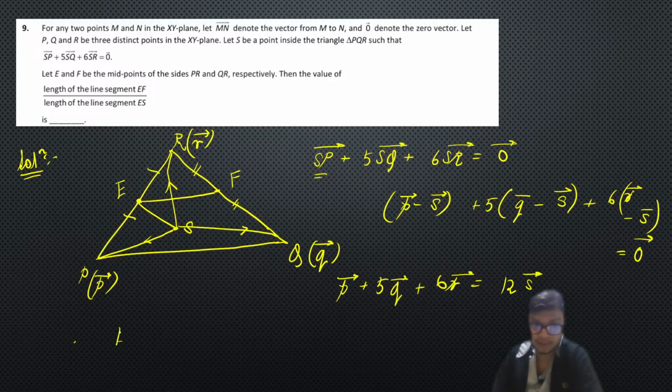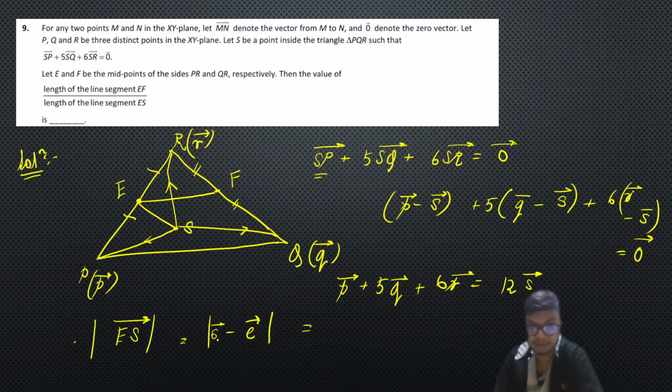Now if I ask you what is the EF vector, or what is the modulus of the EF vector, you can tell this: the modulus of the ES vector is the length of the line segment ES. That is basically S vector minus E vector, and mod of it.